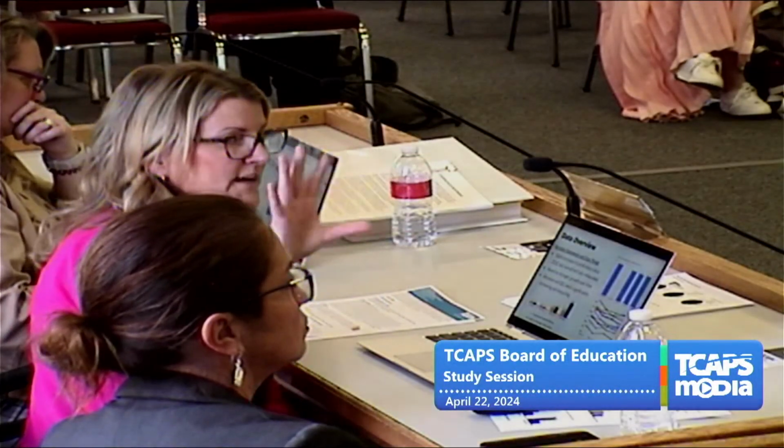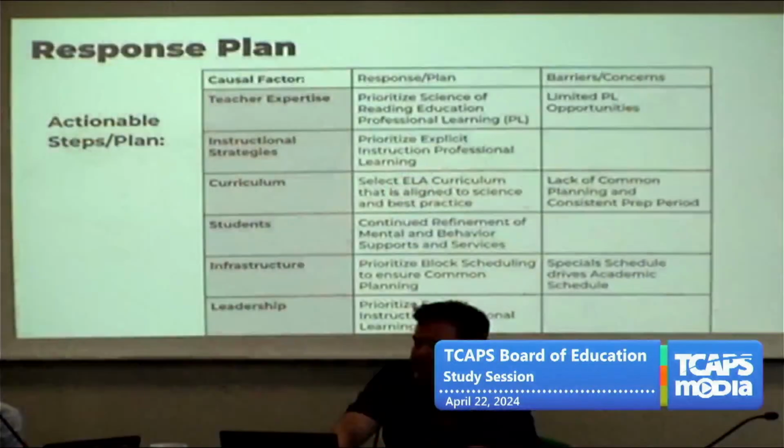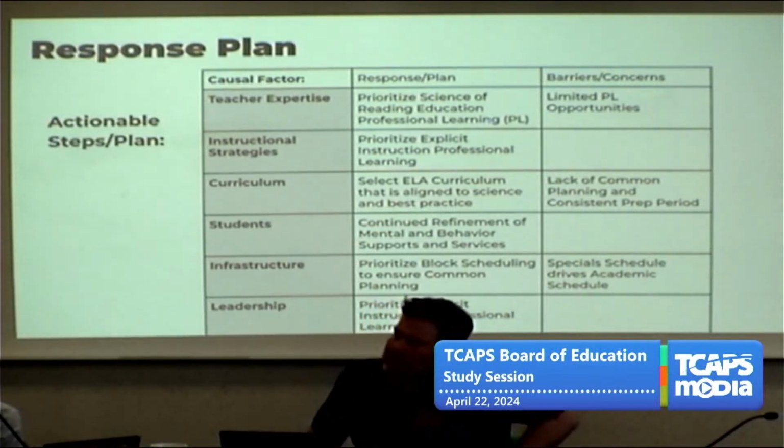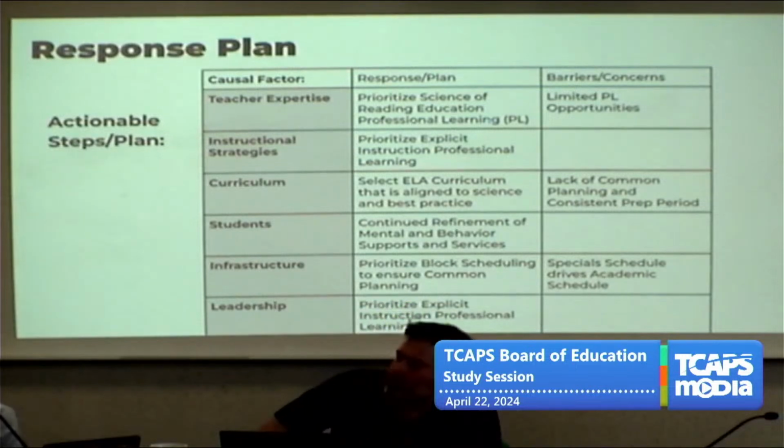We do have some barriers to that that I think our team can speak to, and actually things that we are trying to figure out as a system, how could we possibly finesse and refine? So those are some of the conversations that we're having. Obviously, we have continued refinement of mental and behavior supports. We know that our kids have needs.